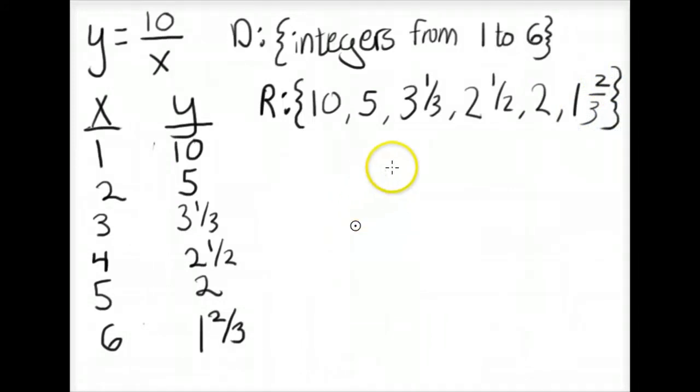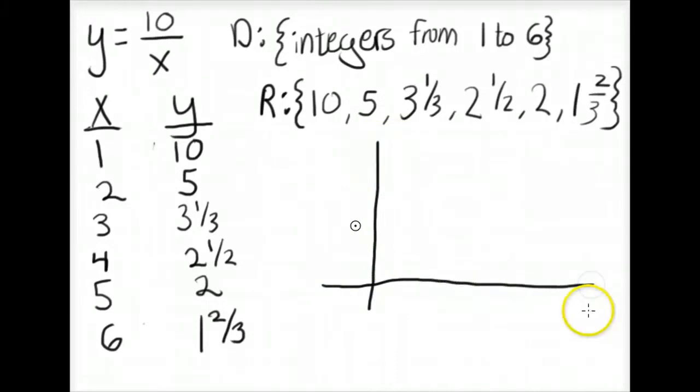And then plotting this graph, we would start with just drawing the vertical and horizontal axes and labeling them x and y. And we would start by just saying, here's 1, and we have 1, 2, 3, 4, 5, 6, 7, 8, 9, 10.